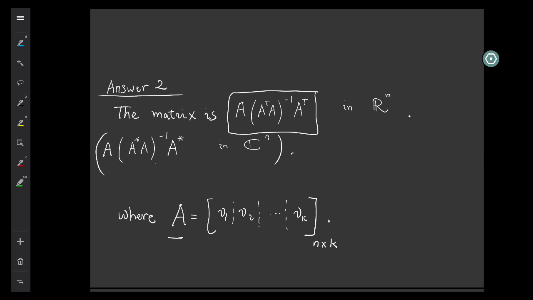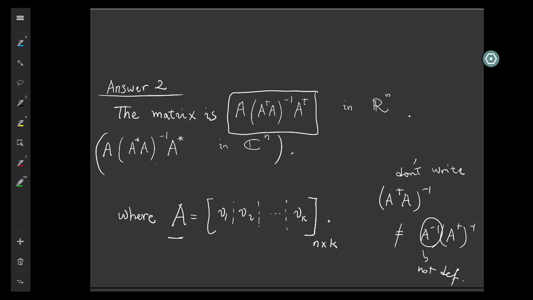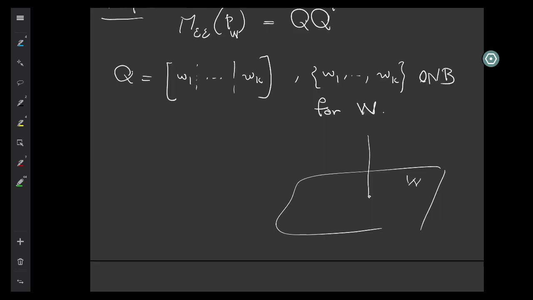So don't confuse this and don't write A inverse equal to (A^T A) inverse A^T. This doesn't make sense at all because it is not defined. It's not a square matrix. Good.